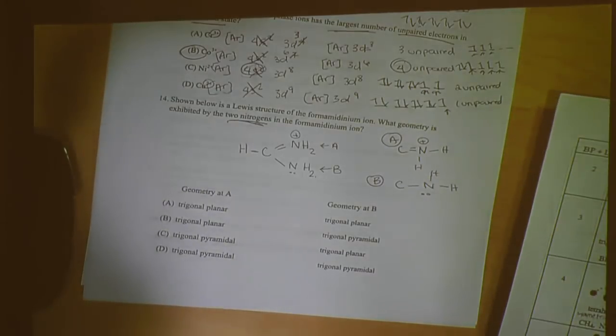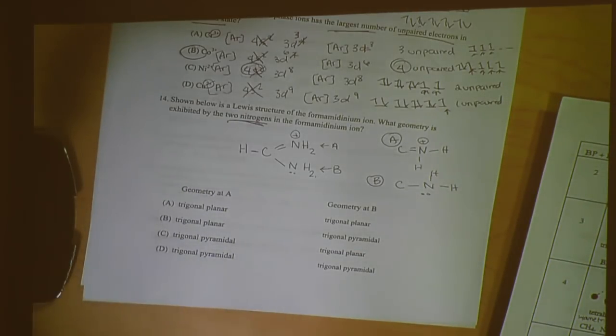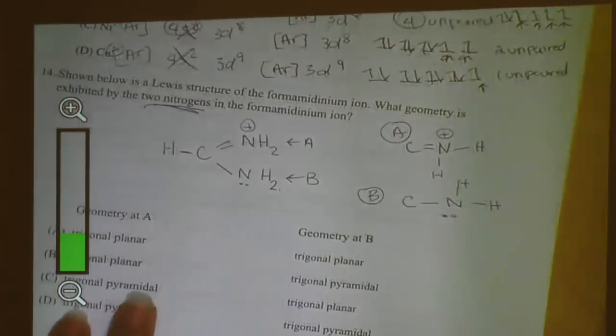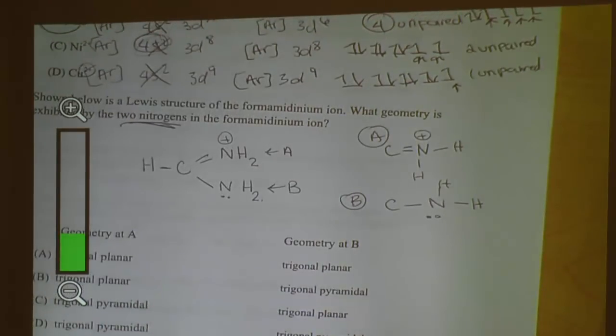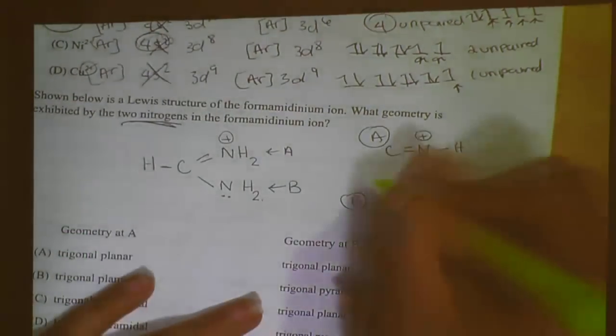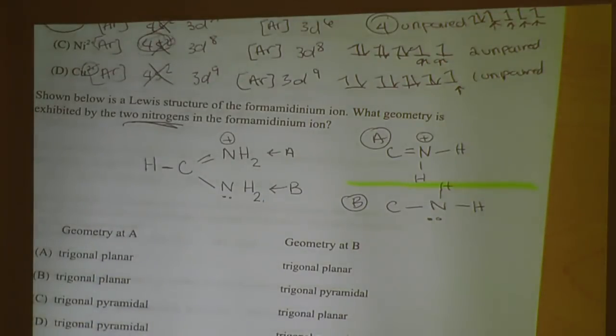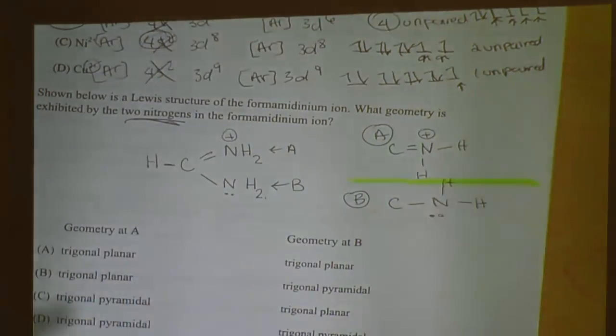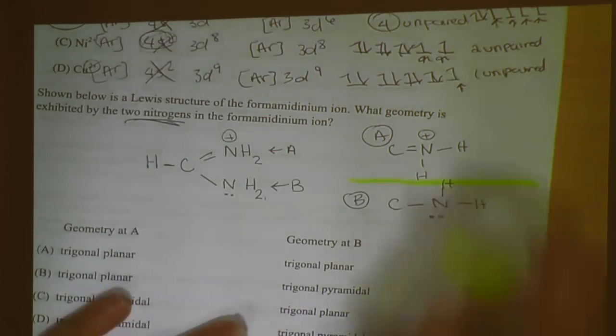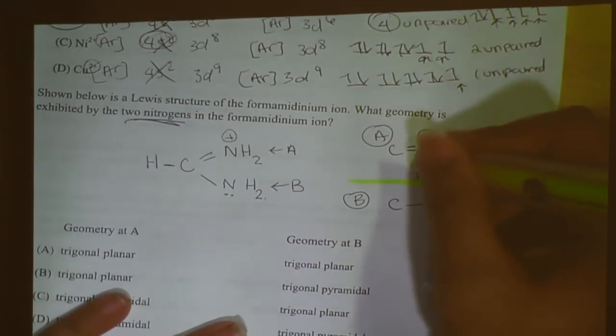So let's look at it. The first one, what you're looking at is what they call electron regions or electron density regions. Sorry. So let's look at A first. I'm going to do like a separation line. So in A, let's see how many electron density areas I have. Electron density areas are either bonds or lone pairs. So here I have 1 bond, a second bond, and a third bond.